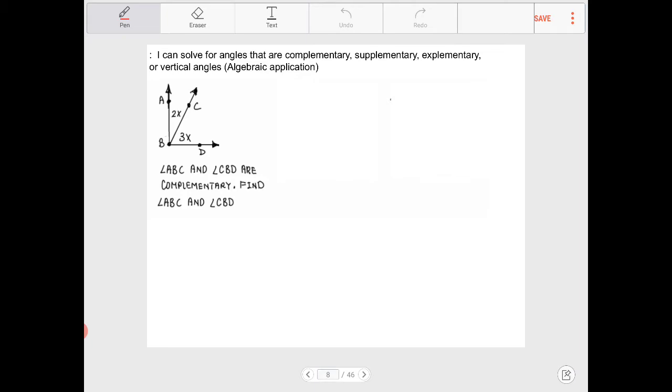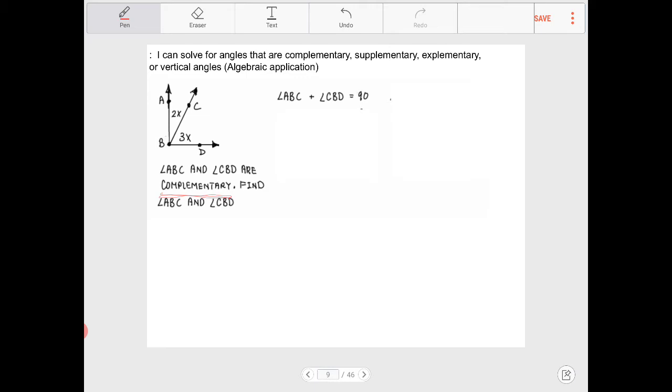So you're given some information about the two angles, and based on that information and knowing that the two angles are complementary, we can form the following relationship. We can say, based on the angle addition postulate, that angle ABC plus angle CBD should equal angle ABD, because ABD has to be 90 in this case, since the two angles are complementary.